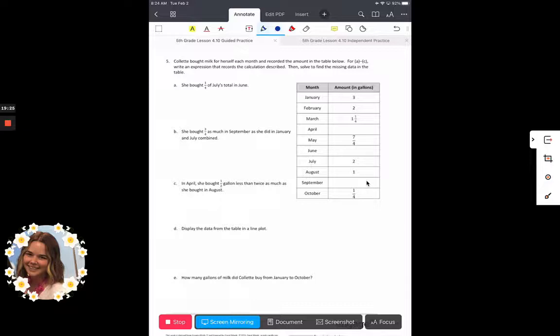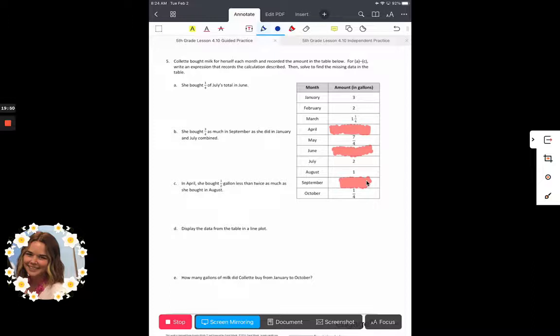A, B, and C, we have some expressions to write, and then we also have to fill in some spaces. We need to fill in how much for April, how much for June, and how much for September. So A through C, that's what we're solving.